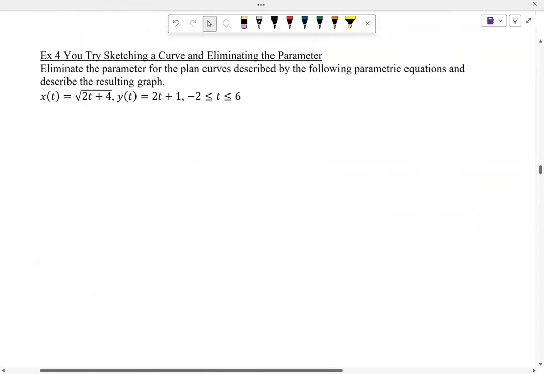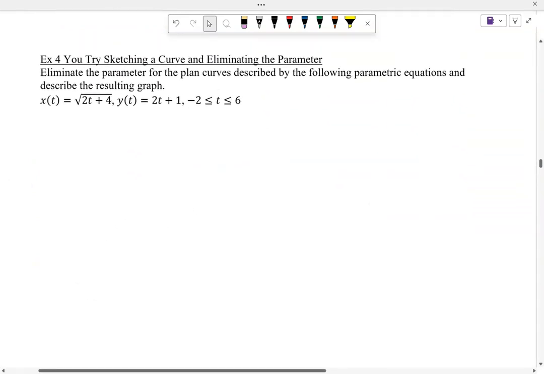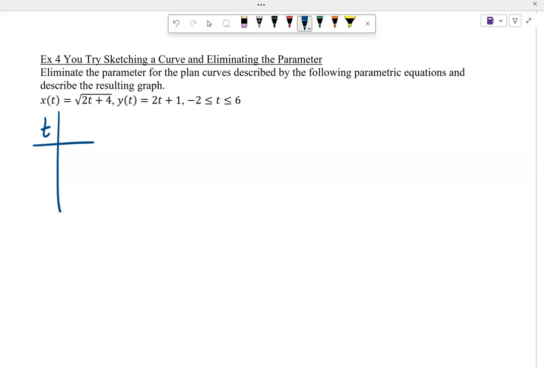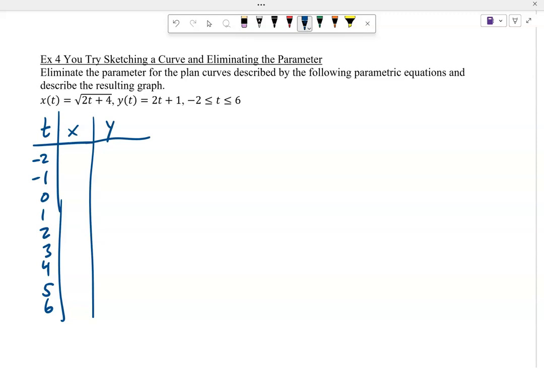Let's go ahead and sketch one here as well, t between -2 and 6. Kind of gets tedious with these. So again, we're just plugging it into x and y for those t values. And so you get 0 here.